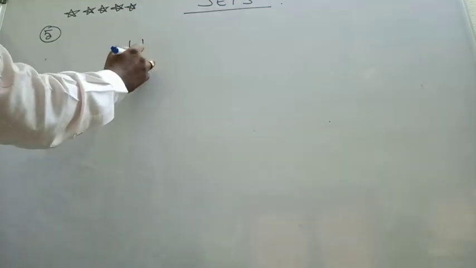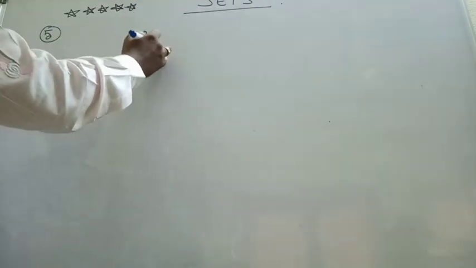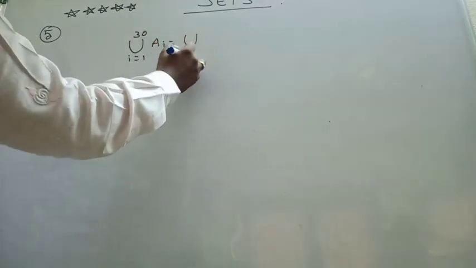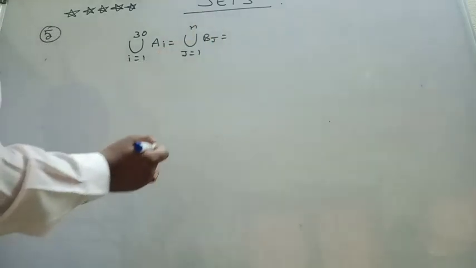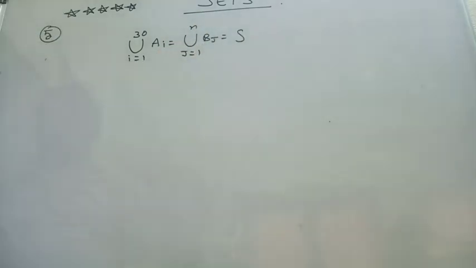Now they given that the union of Ai for i equal to 1 to 30 is equal to the union of Bj for j equal to 1 to n, which is equal to S, and each element of S belongs to exactly 10 of the Ais and exactly 9 of the Bjs. Then n is equal to what?